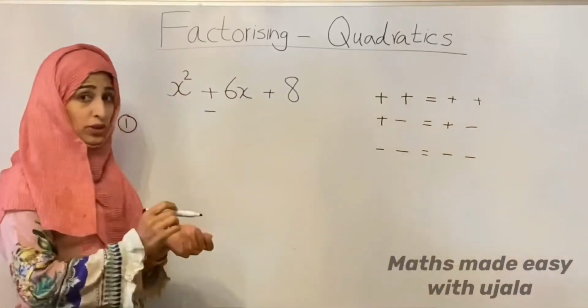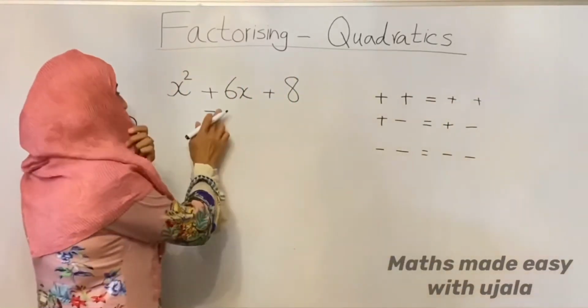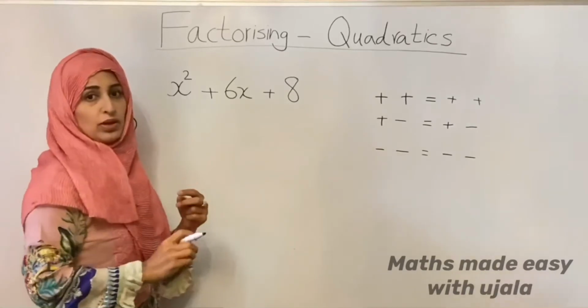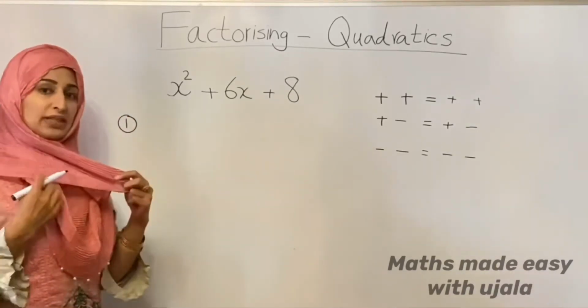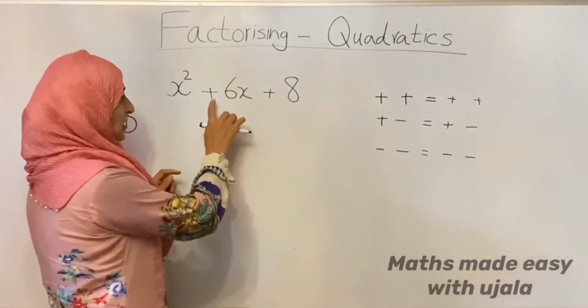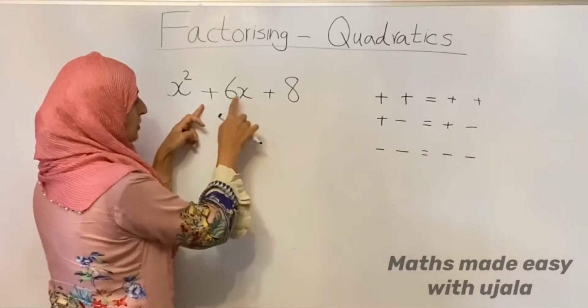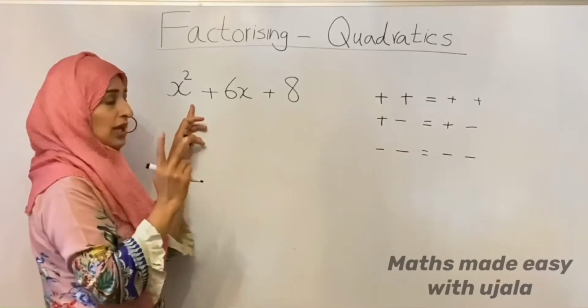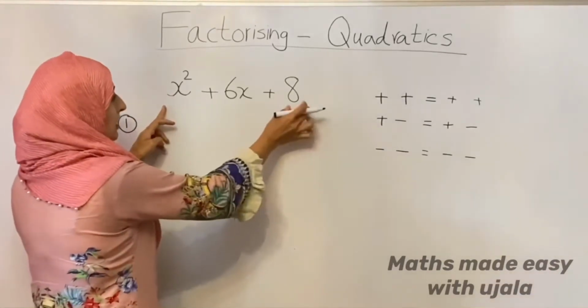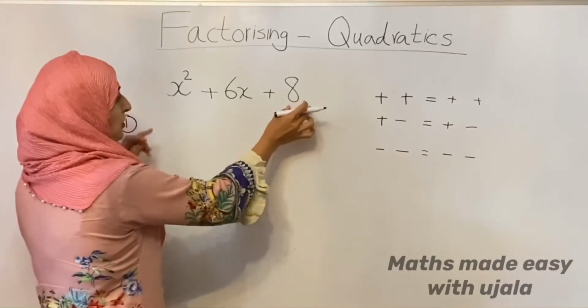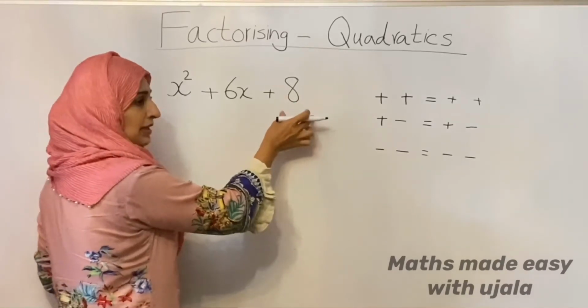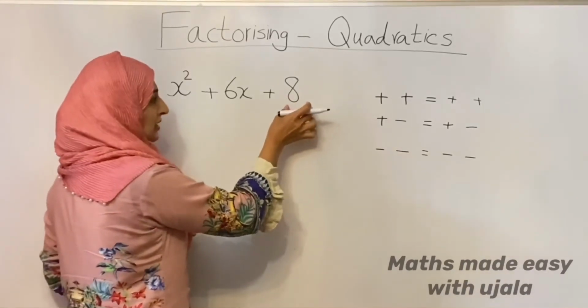This is a very important rule, so I will try to explain this rule by doing some examples in front of you. So first example, I've got plus sign in the second term, so I have to find two numbers with plus sign. First of all, you have to find two numbers. If you multiply, you will get the answer 8.